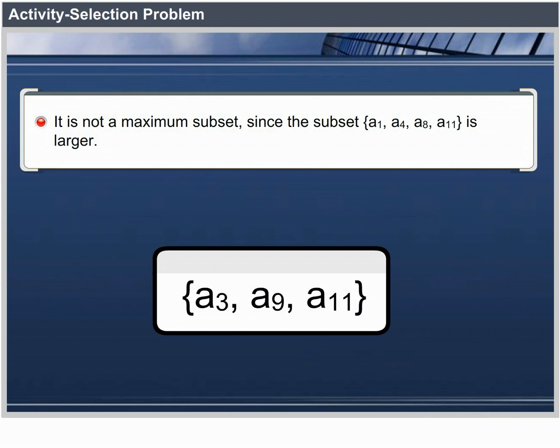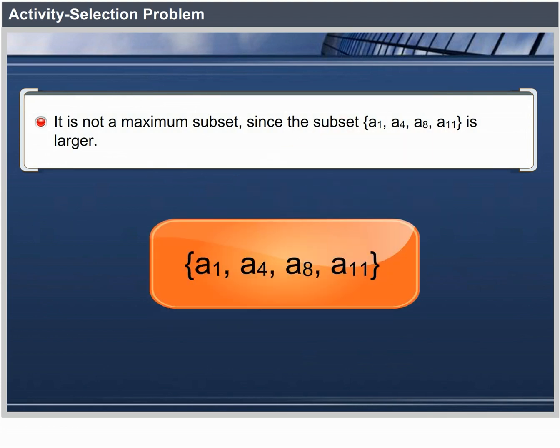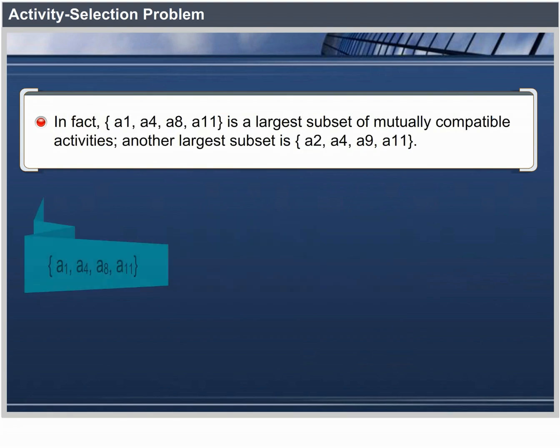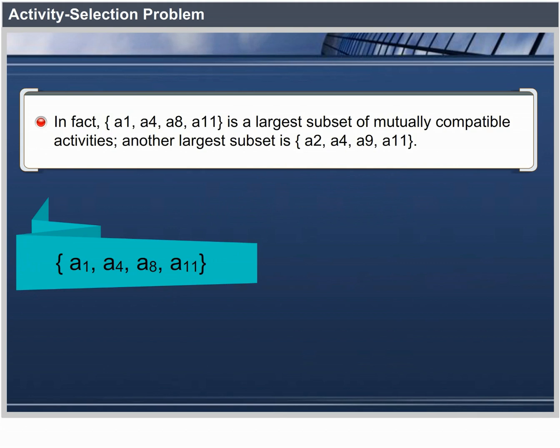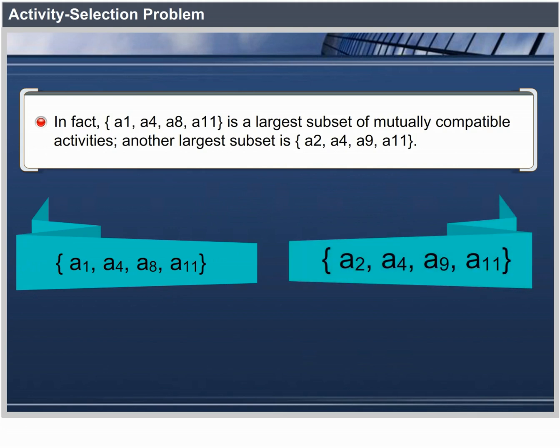It is not a maximum subset, since the subset A1, A4, A8, A11 is larger. In fact, the set A1, A4, A8 and A11 is a largest subset of mutually compatible activities. Another largest subset is A2, A4, A9 and A11.